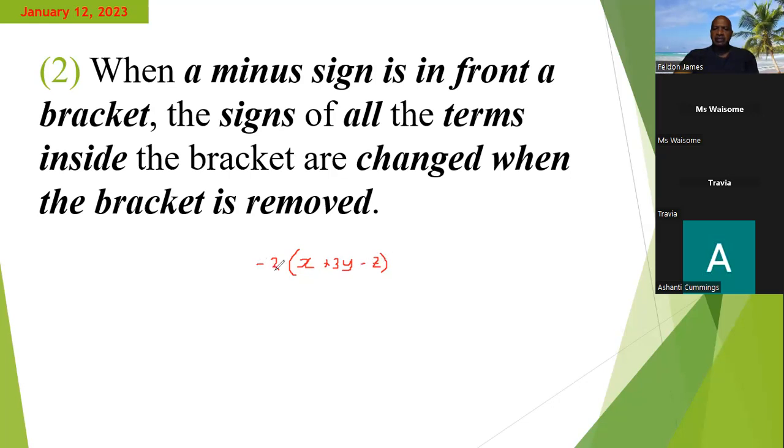But using the negative outside to multiply what is inside, we are really following the rules when we're multiplying positive and negative numbers. So this is actually the multiplication rule for integers. All right, so -2 times positive x will give you -2x. And -2 times positive 3y will give you -6y.